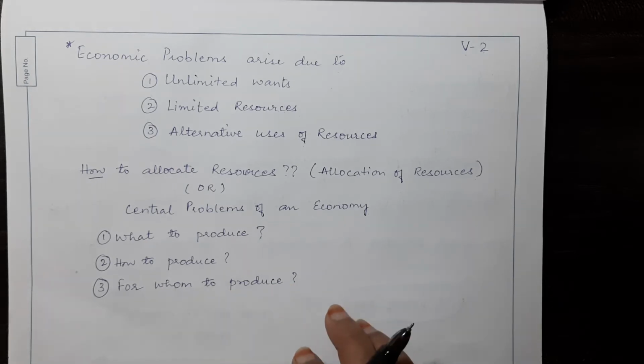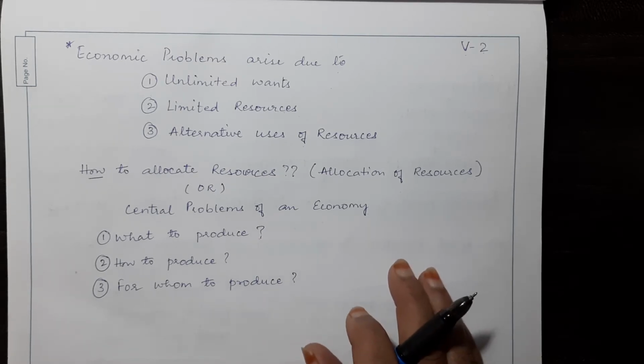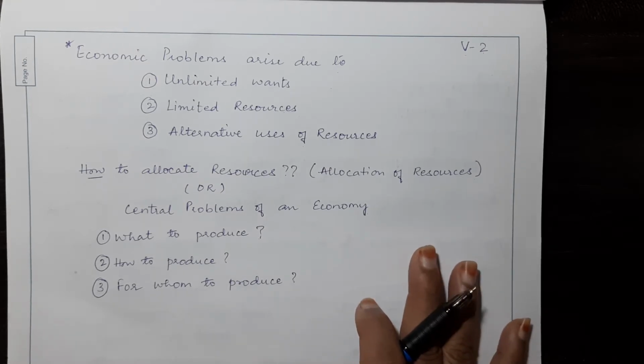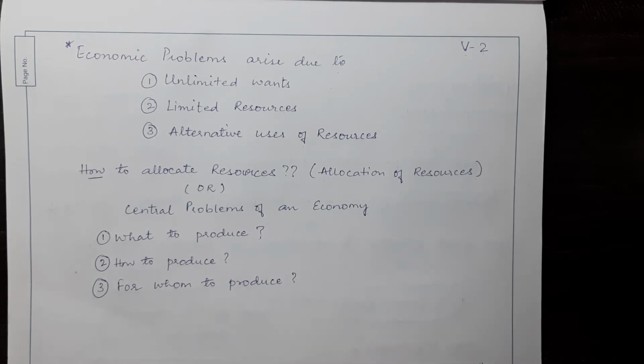What technique should I use to produce goods? Okay, after I decide what technique I am going to use, now I have to decide for whom I should produce. For which section of the society should I produce these goods? Let's look into these 3 problems and try to understand how each economy tries to solve these central problems.